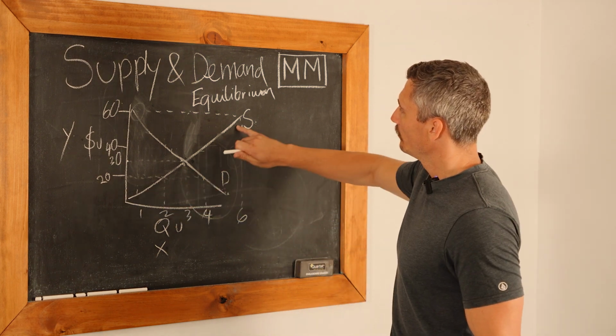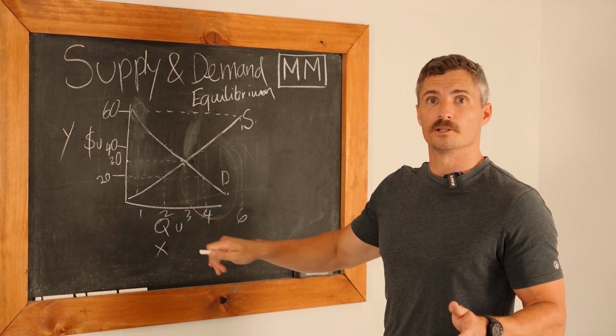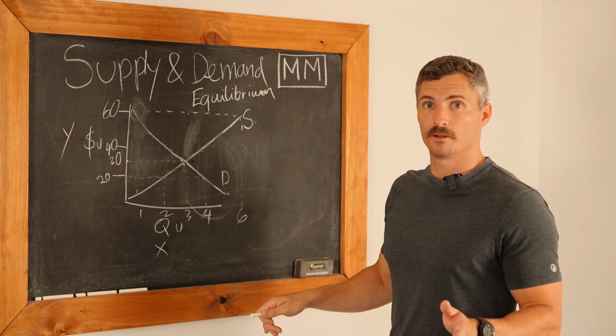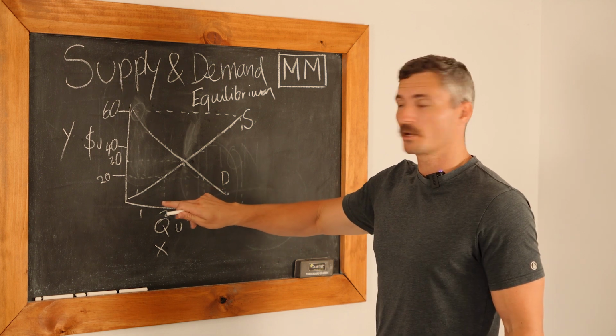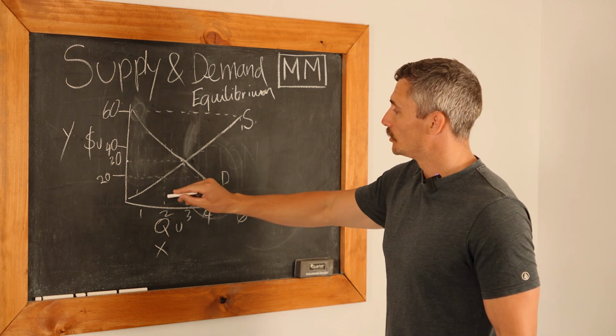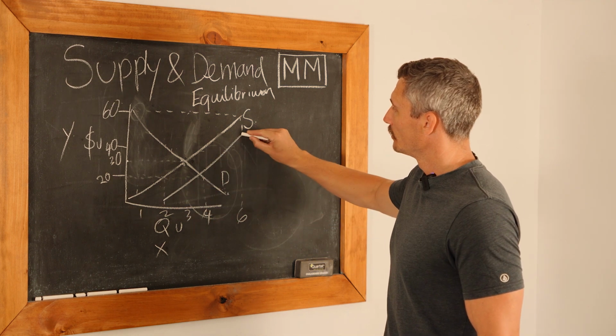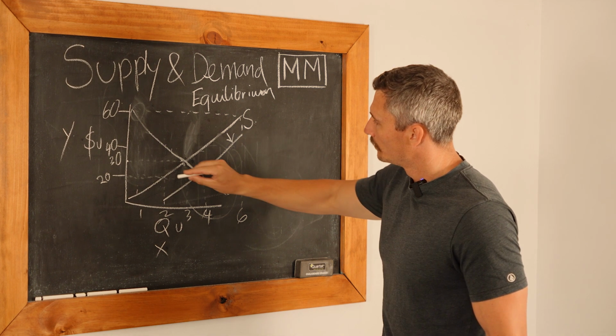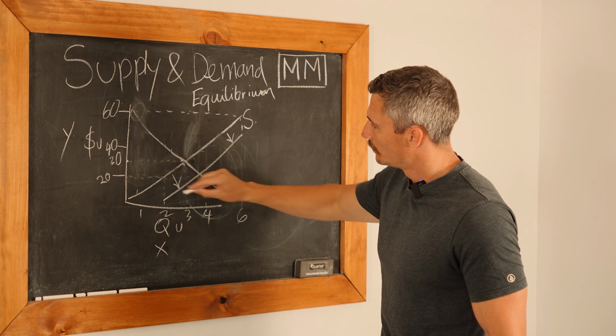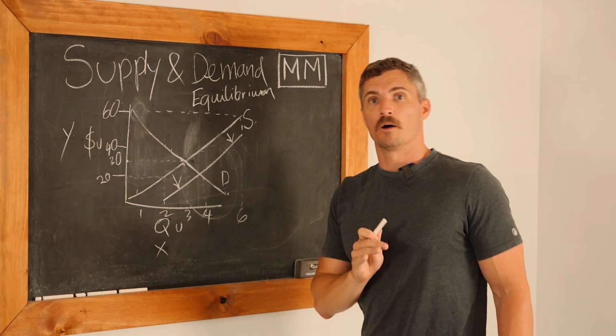This supply curve, because lower wages affects the supply side of the supply and demand schedule, this supply curve would actually shift to the right. Now, what does that do?